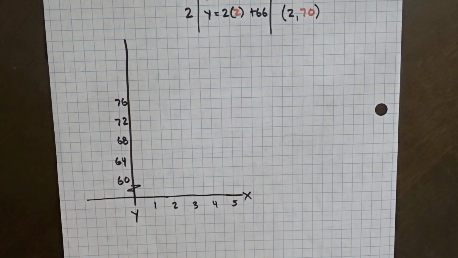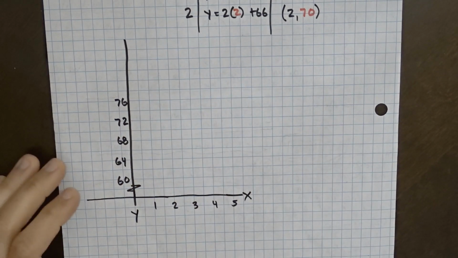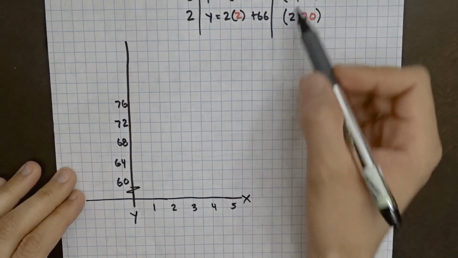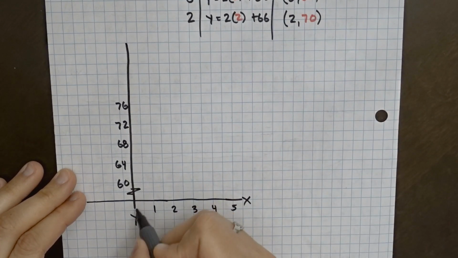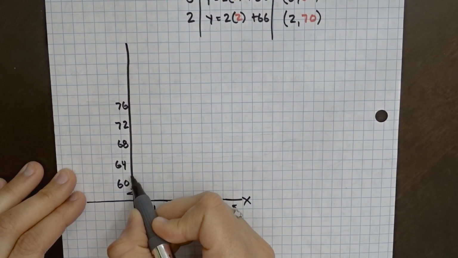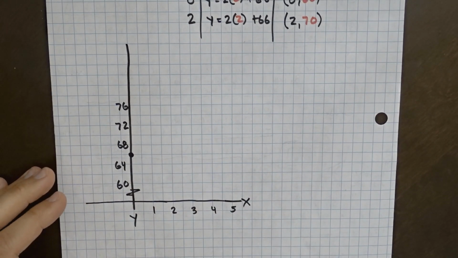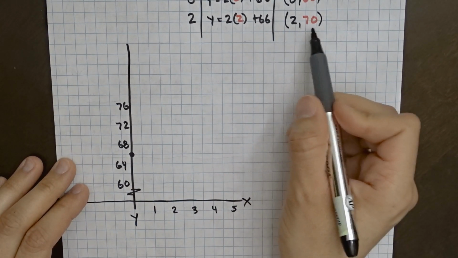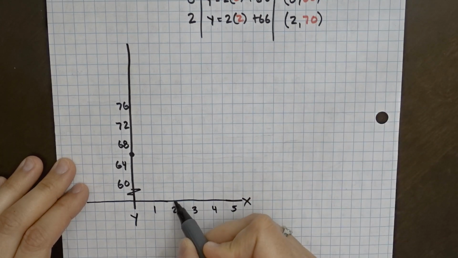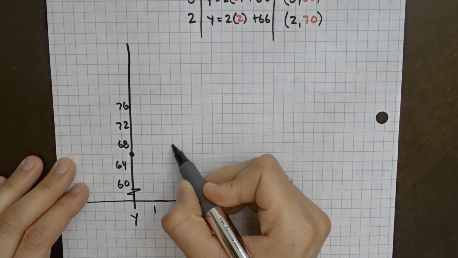We'll leave it there. Okay, so let's put these points on the graph. 0, 66. 66 is here. Then we have 2, 70. 2 will be 68, 69, 70.